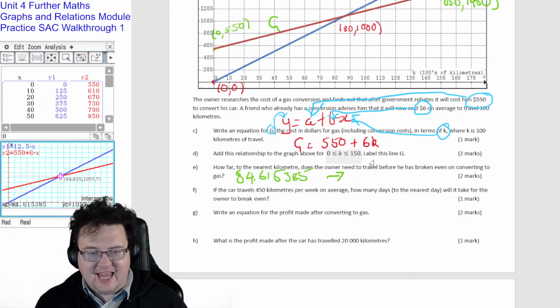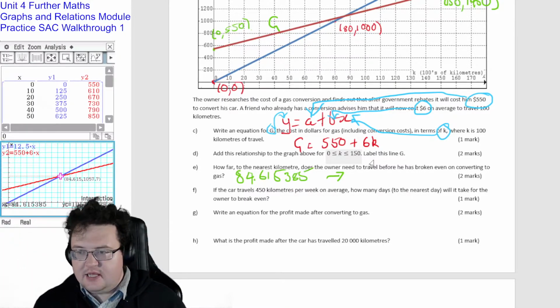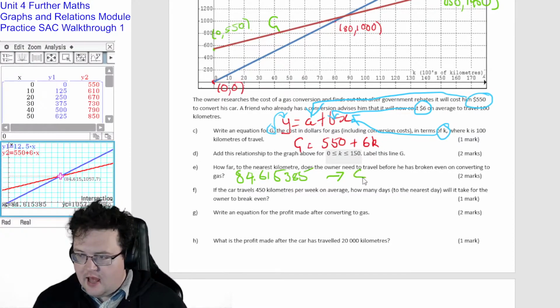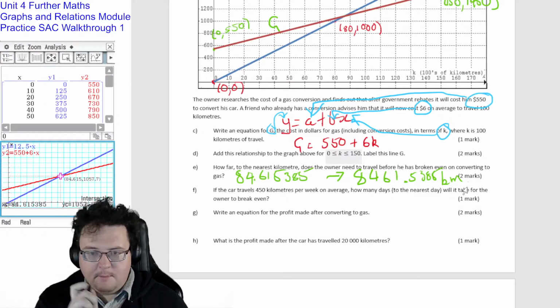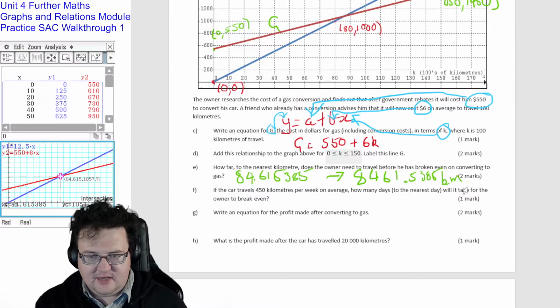So if 1K is 100 kilometers, 84.615385 is going to be 8,461.5385 kilometers. But I'm not finished yet because the question says to the nearest kilometer.